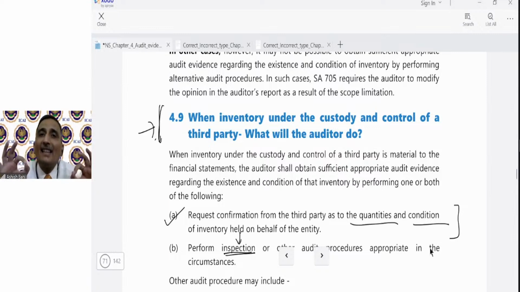Only in that case the auditor can skip, but in all other cases he has to attend the inventory counting process. But even in those cases where it is impracticable for the auditor to attend the inventory count, he has to anyway perform alternative audit procedures to gather sufficient appropriate audit evidence.